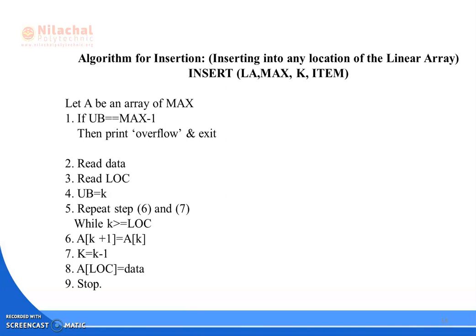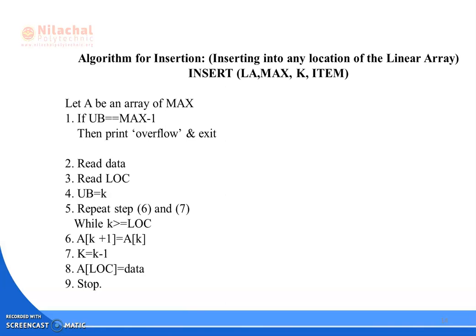After step 3, at step 4, similarly as we did in the insertion of the element at the beginning of the array, it is mostly similar, but the only difference is this. There, the variable k was running from upper bound to the lower bound, and the condition was checked from upper bound to lower bound.